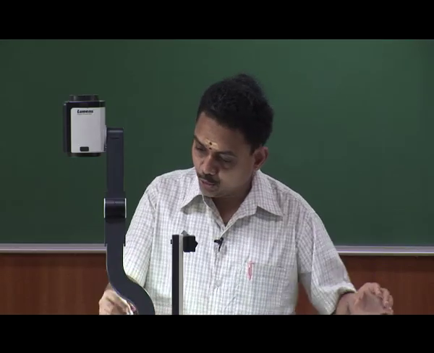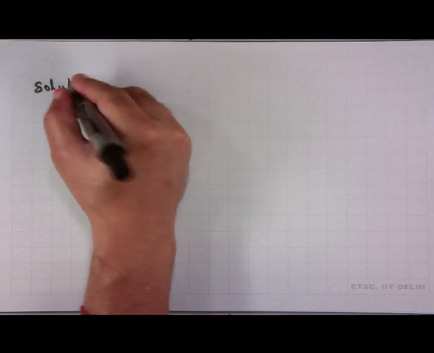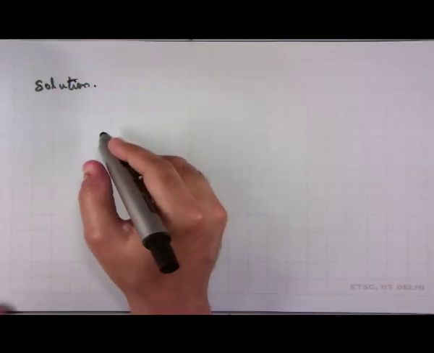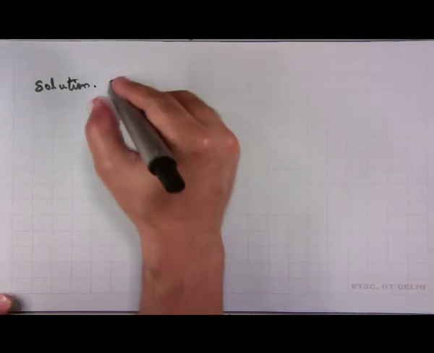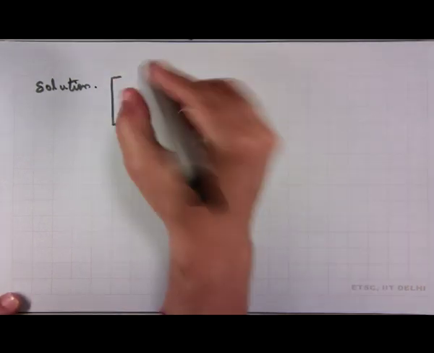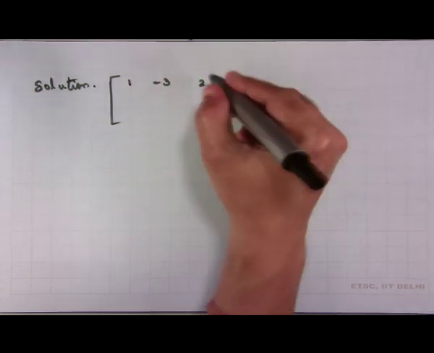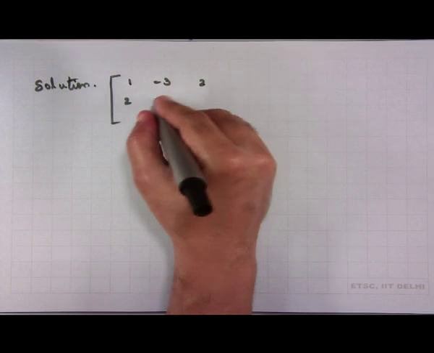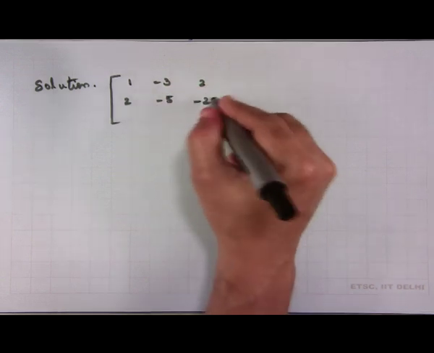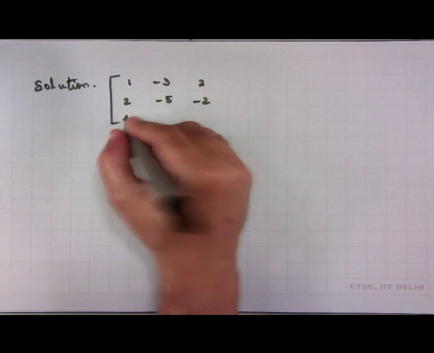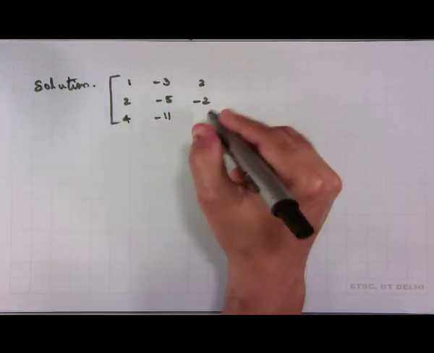Let us write down the solution to this. Let us first write down the augmented matrix: 1 minus 3 2, 2 minus 5 minus 2, 4 minus 11 and 2.